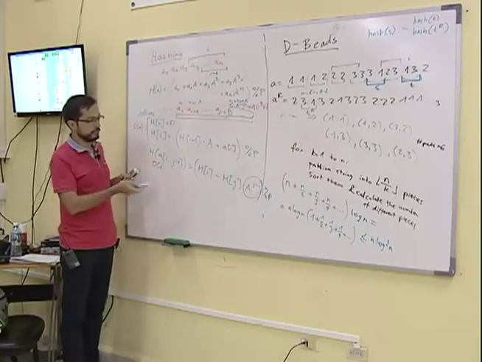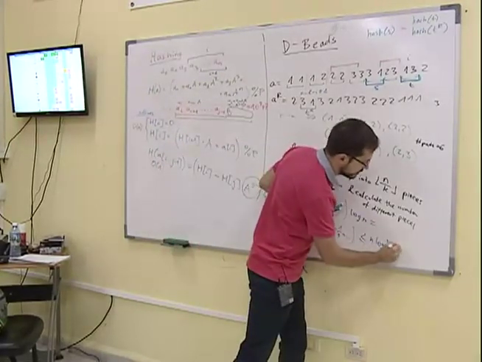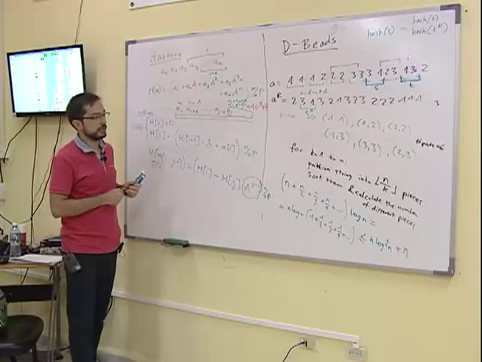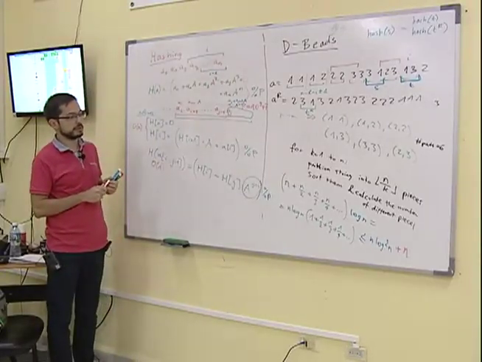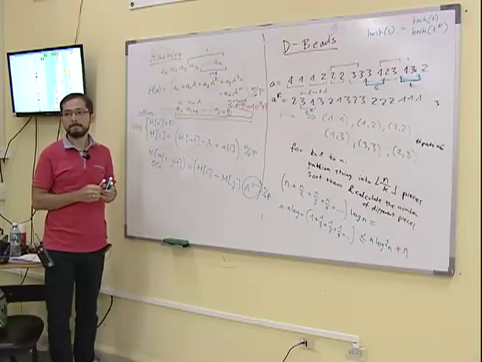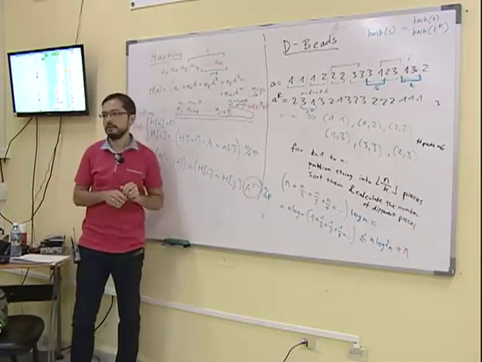So we only need to add the complexity of calculating hashes, but this is just a pre-computation which takes linear time. So overall the algorithm will be n log squared n. All right? Questions?